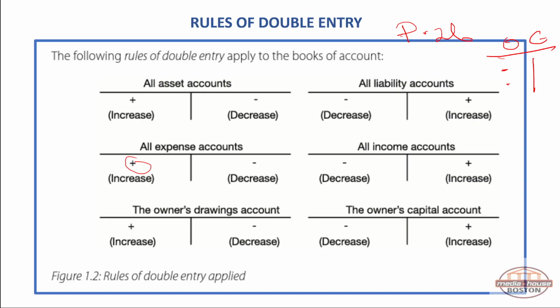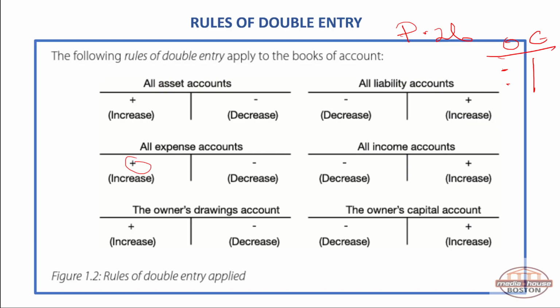But on the ledger account, on the drawings account itself, we will record this on the debit side by showing a plus sign that the owner is taking more money out of the business, and this is how much the owner has taken out up to today's date. So this is going to increase on the debit side, whereas here it's going to be reflected on the debit side, but it's going to show as a minus under the accounting equation, indicating that the interest of the owner is decreasing.